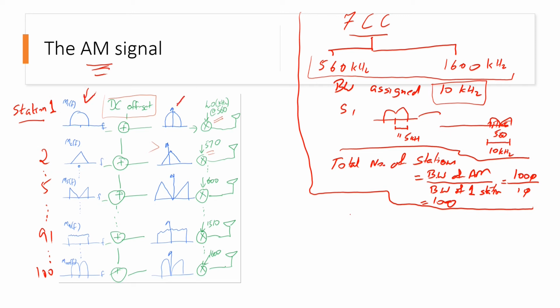Baseband now would have a spike indicating a significant DC value, right? So this would appear for all the message signals, and then we would use a local oscillator. In the first station we use a local oscillator operating at 560 kilohertz.